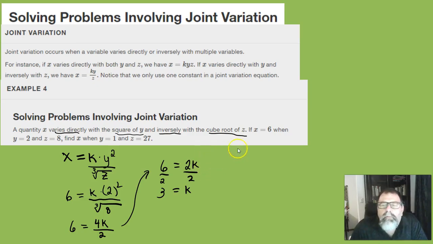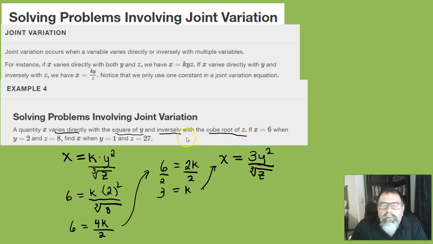So once you have k, now we can go to the second part of this problem, where we can answer the question, what's x? Find x when y is 1 and z is 27. So we're going to plug this into the model that we started with. So now I'm going to plug it into x equals 3 times y squared over the cube root of z.